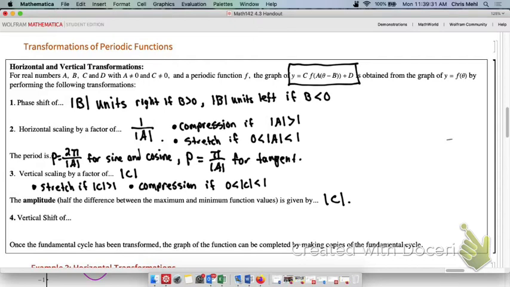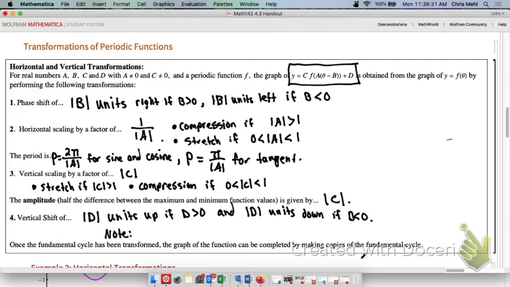So there's a vertical shift of the absolute value of d units up if d is positive, and the absolute value of d units down if d is less than 0. Okay. And just a note, I talk about this quite a bit. There's something called the midline.